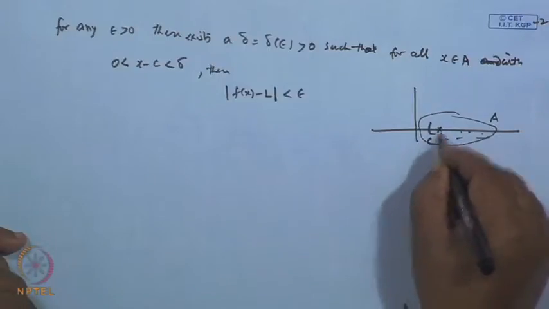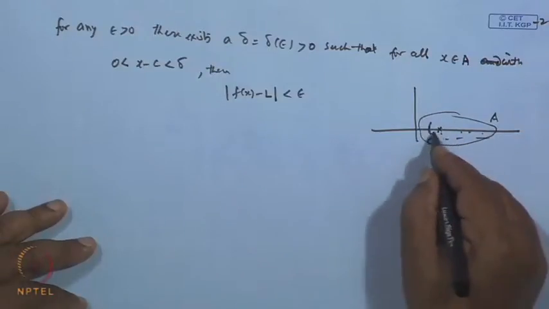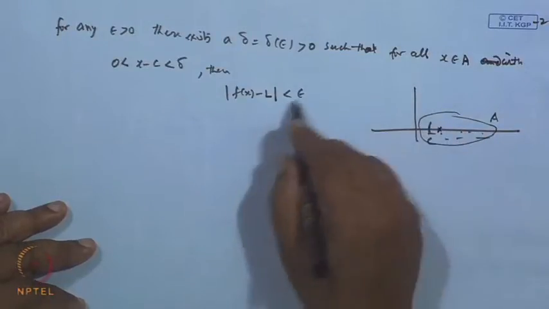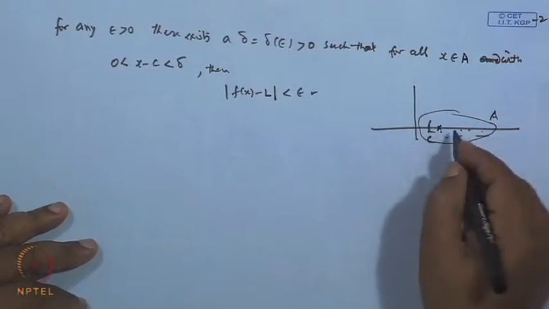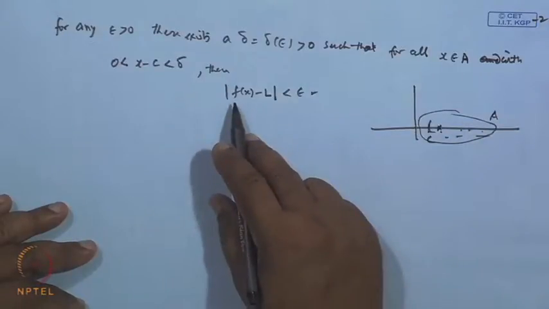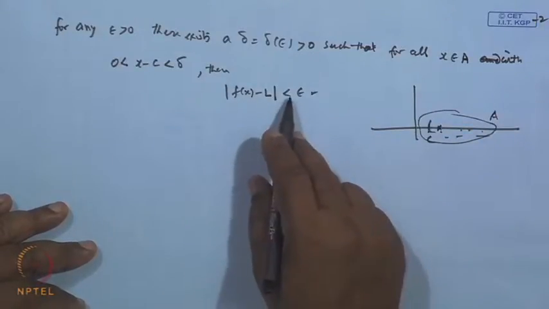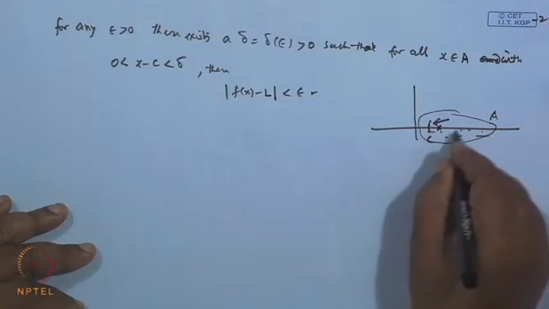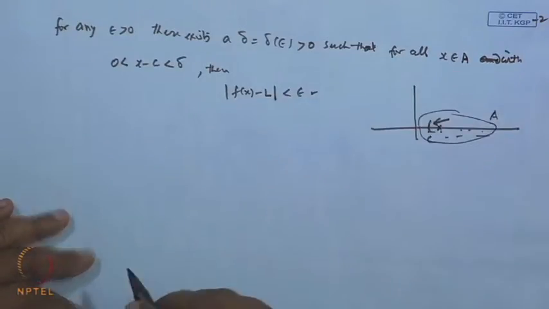If we pick the points x here which are greater than c, and the functional value f(x) minus L lies within this interval, then we say that the limit of the function f(x) from the right hand side exists and is equal to L. That is, we are approaching c from the right hand side.